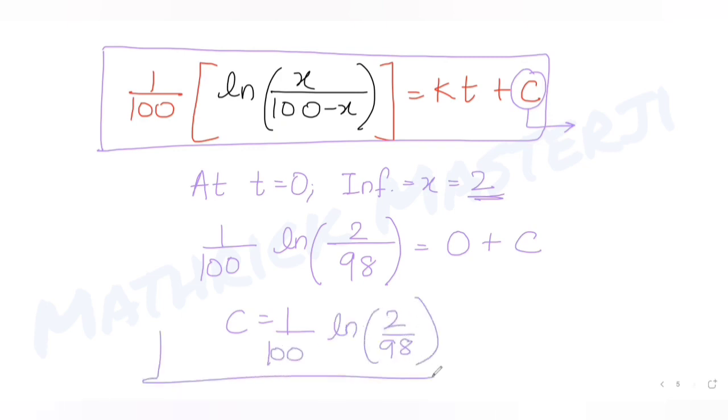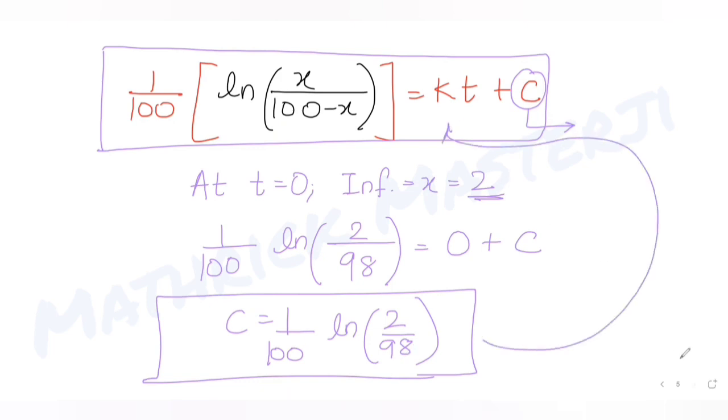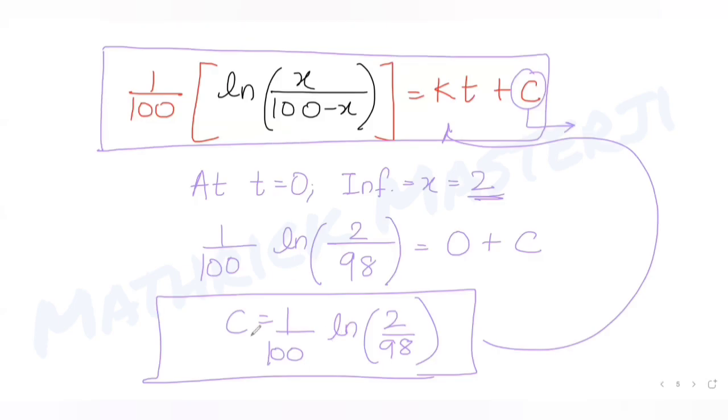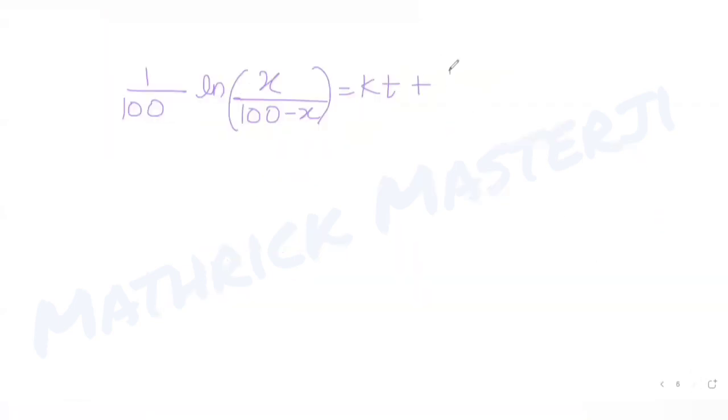Once you get this value of the constant c, you put that in your solution of the differential equation. So you get 1 over 100 log of x over 100 minus x is equal to kt plus 1 over 100 log of 2 over 98.